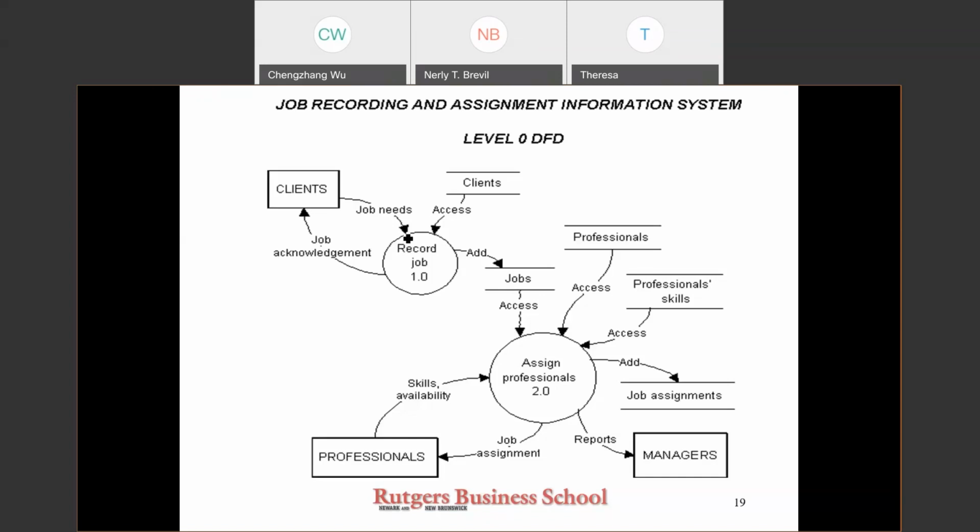The record job process generates a job acknowledgement, which is sent to the clients, while the assign professionals process generates a job assignment sheet, which is given to the professionals and also reports which are given to managers.